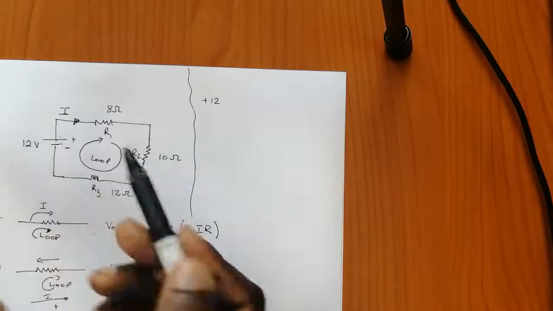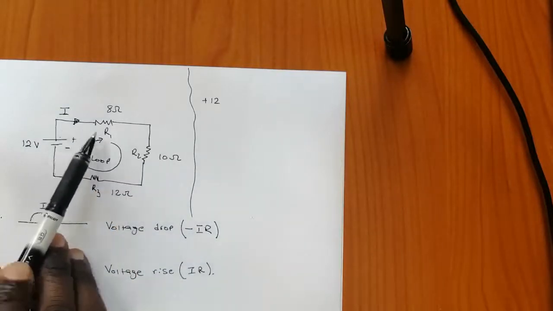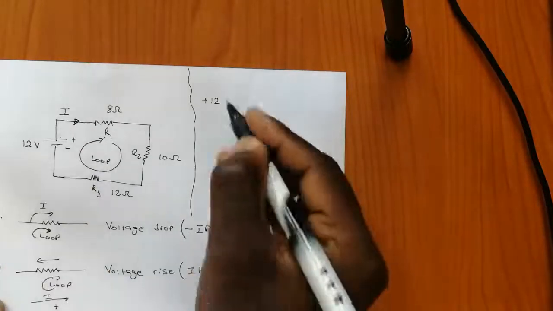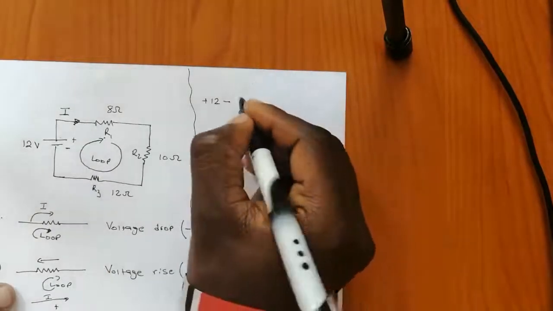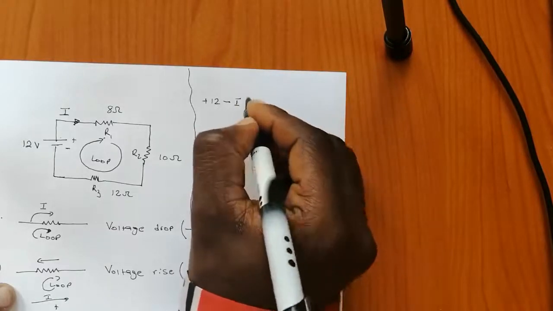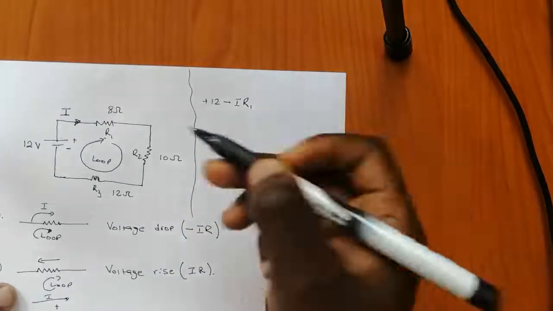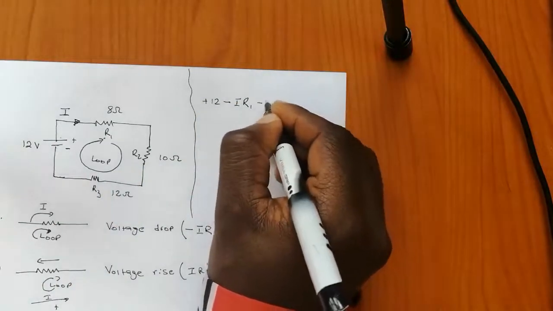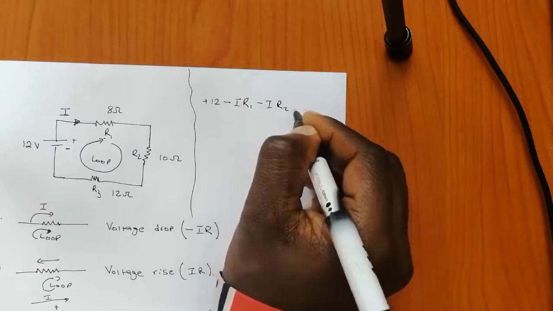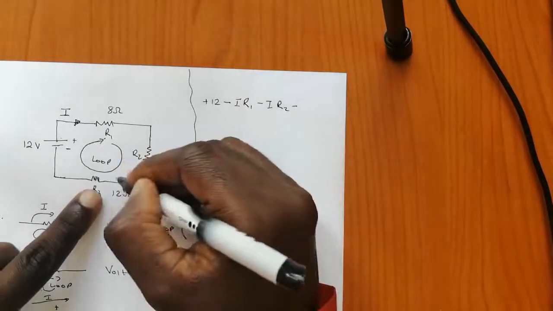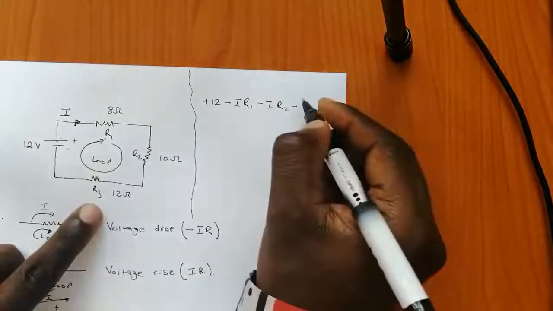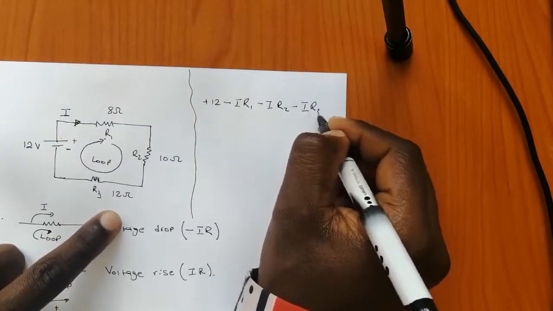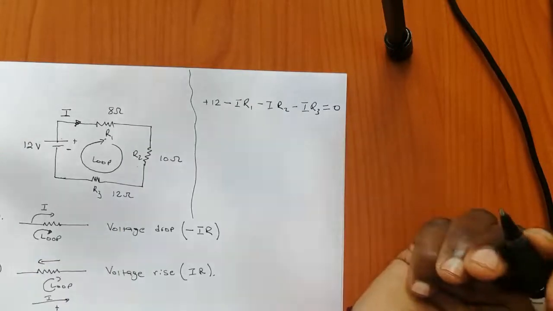It goes like this. As you can see, the loop is in the same direction as the current at resistor 1. Therefore, I'll have a voltage drop, so it's going to be I multiplied by R1. Same as R2, it's going to be I multiplied by R2, minus, the loop is still in this direction, therefore it's I times R3, and that should equal 0.